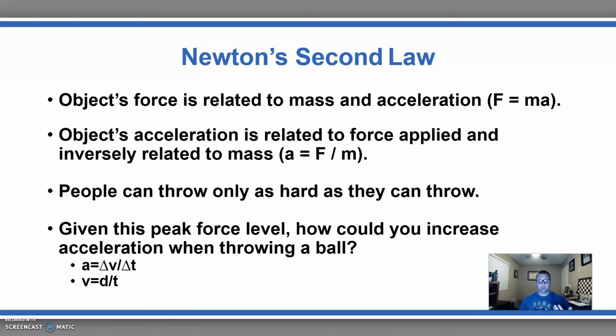Now, the other part here about the whole force applied to your momentum, this goes now to the direction I go. It's one thing to have this distance here, but I need to have that distance in the correct direction. I need to be going in the correct plane. For all intents and purposes, when I throw a baseball, I'm throwing it in the sagittal plane, so I'm throwing it straight forward.